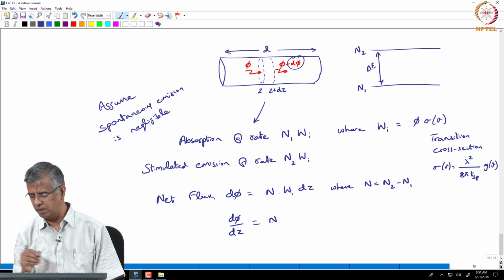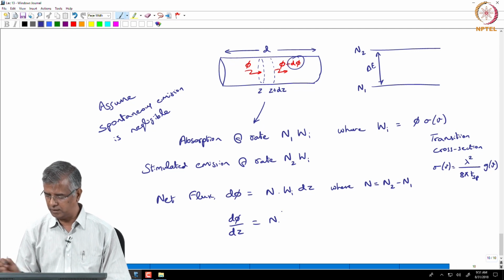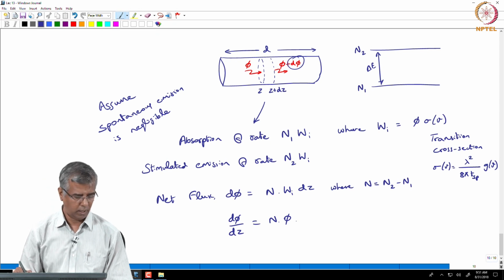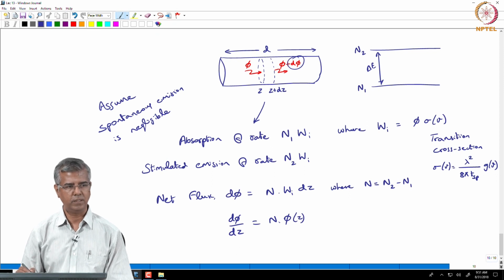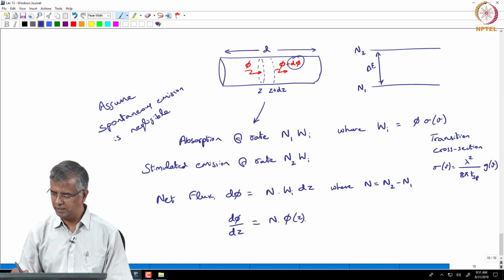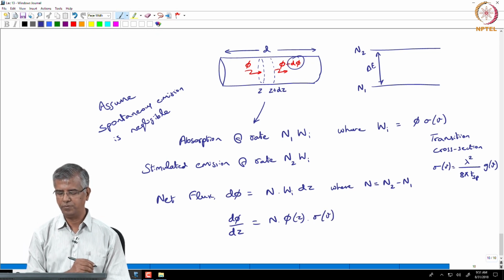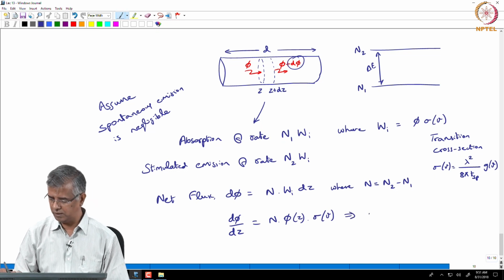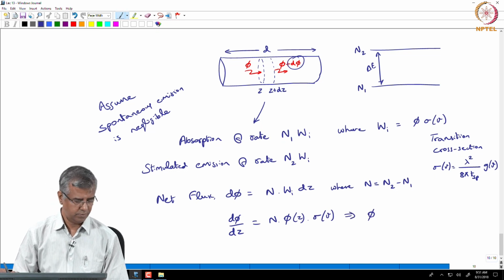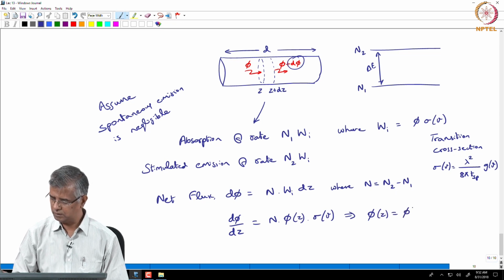now Wi I will actually write out. Wi corresponds to, d phi over dz corresponds to phi of z multiplied by sigma of nu, okay, and the solution for this will be phi of z is given by phi of 0.